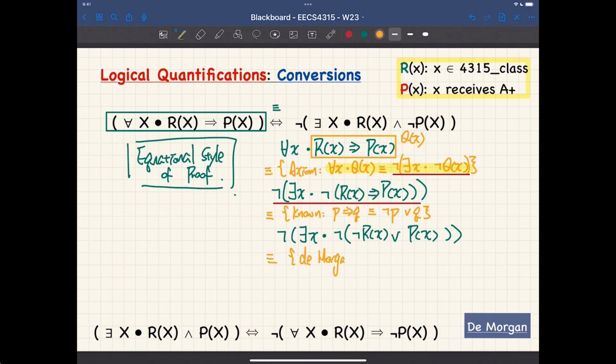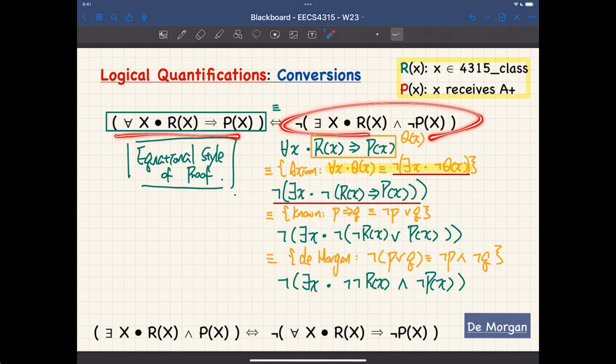De Morgan. If you got not (P or Q) equivalent to not P and not Q, we're getting very, very close. This one here is going to be not there exists x, and then I'll say not r(x) and not p(x). We are basically moving from here towards over here, all by equivalence, equational style. Okay?